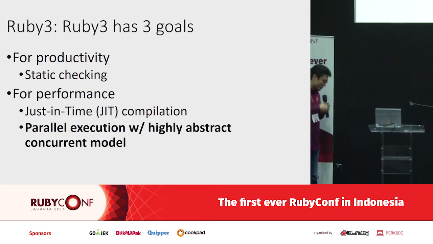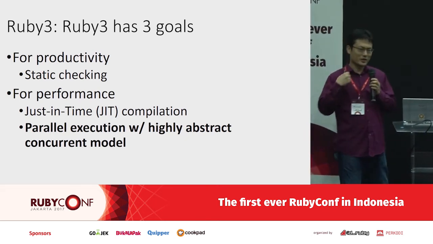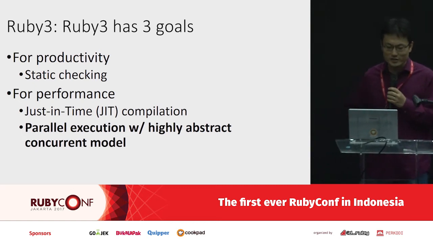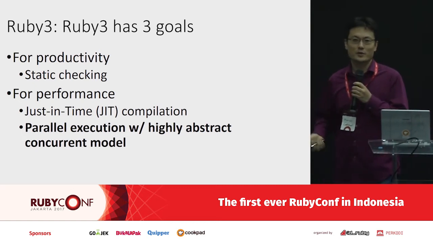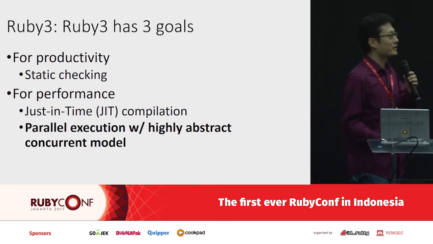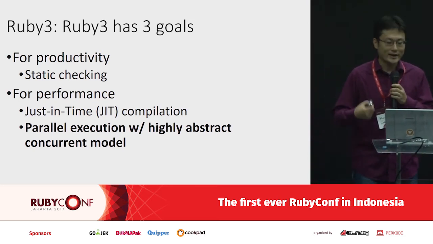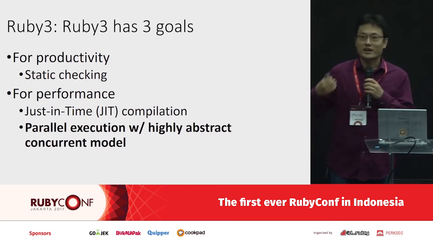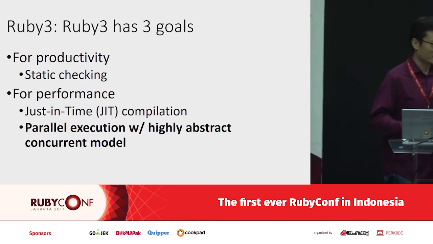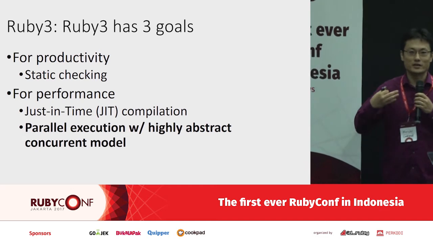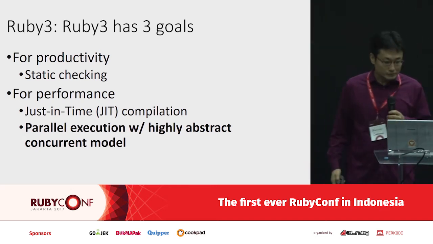And we want to improve the performance. Yesterday's talk was about MJIT, which is one kind of just-in-time compilation. Another topic is parallel execution with a highly abstract concurrent model. This is why I'm working on this kind of work, and this is why I talk about this today.